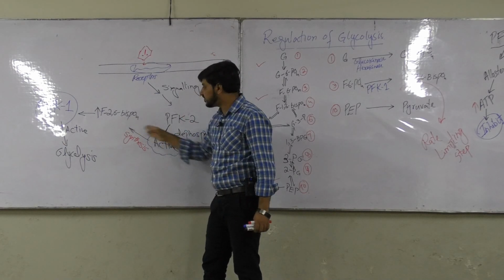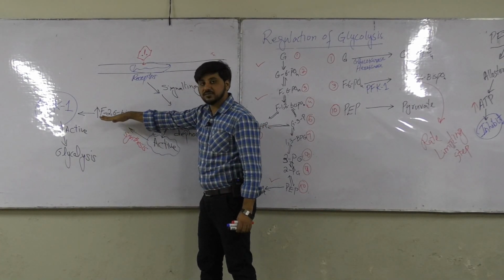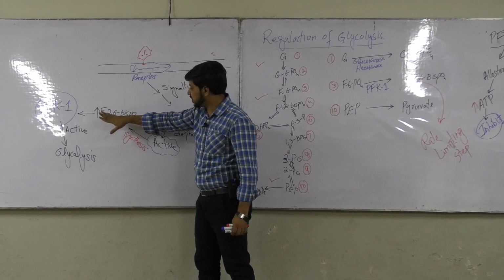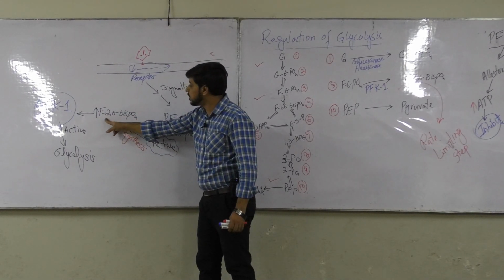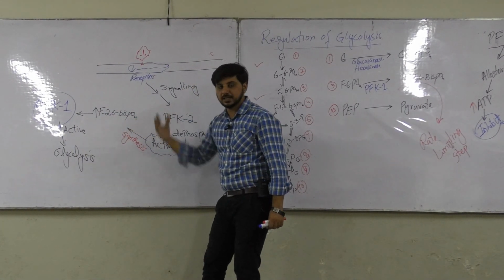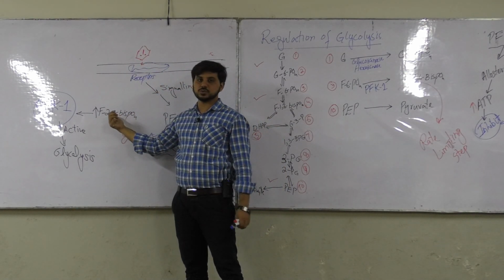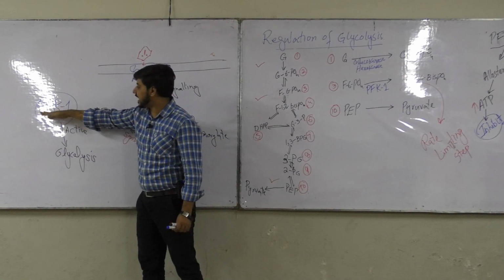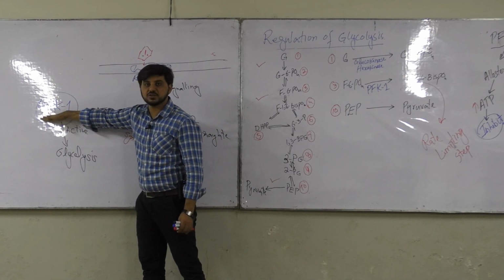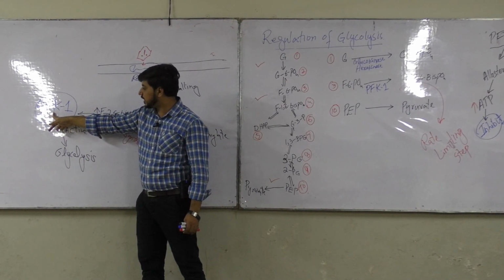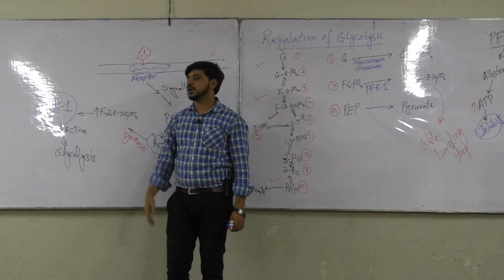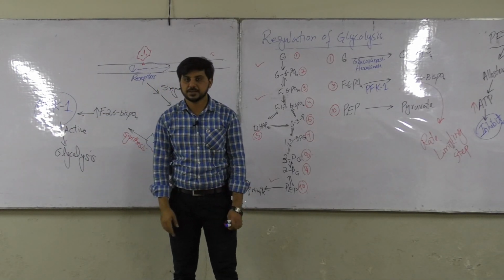As a result, the levels of fructose 2,6-bisphosphate will increase, and those increased levels will activate phosphofructokinase 1. When phosphofructokinase 1 becomes active, glycolysis will start.